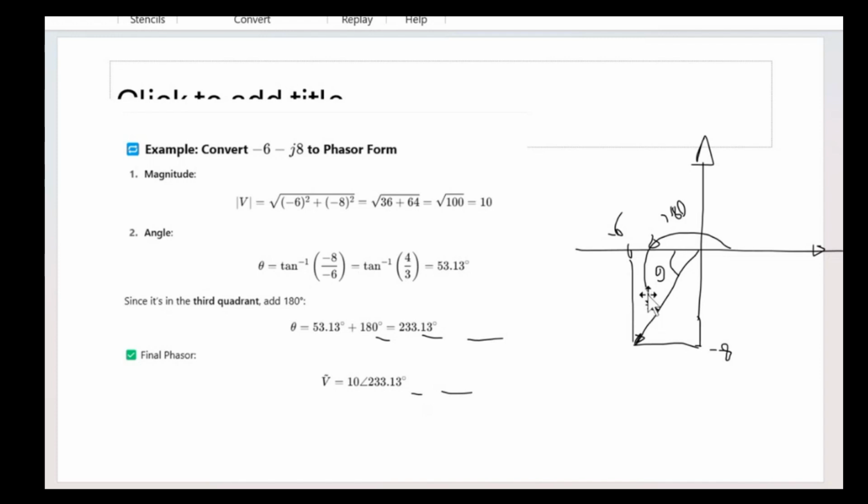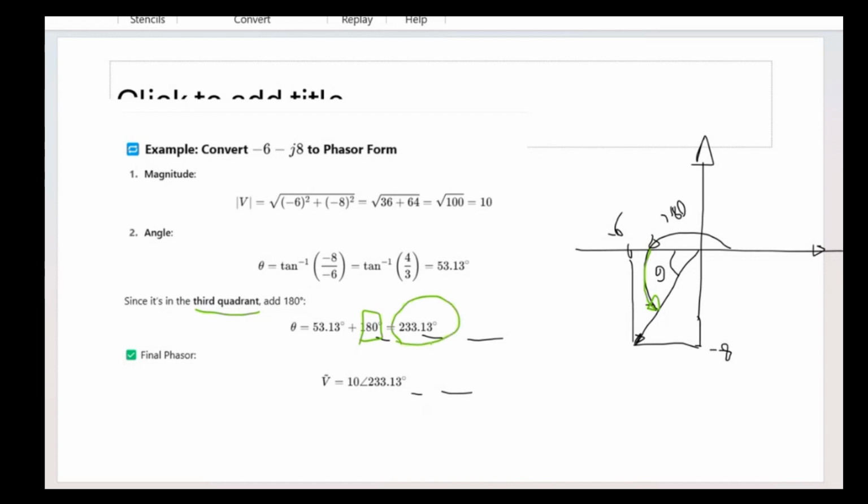But then that theta is this angle right here. Maybe I use a different color to make it more clear. So this is theta. But for the actual angle, you need to add another 180 degrees because this vector is in the third quadrant. So then the actual result would be 233.13.